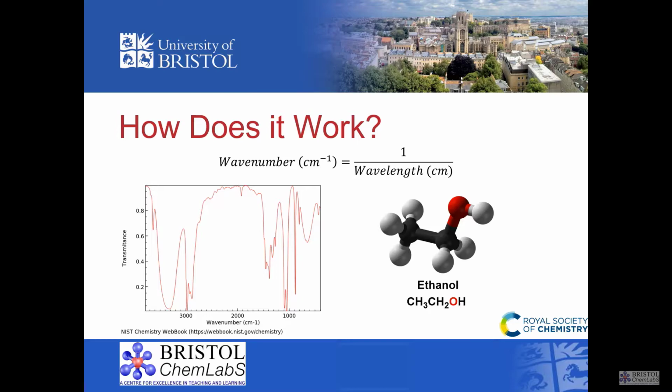From 2500 to 2000, you get the absorption of triple bonds, so carbon-carbon triple bonds and carbon-nitrogen triple bonds. From 2000 to 1500, you get the absorption of double bonds, for example, carbon-carbon double bonds and carbon-oxygen carbonyl bonds.